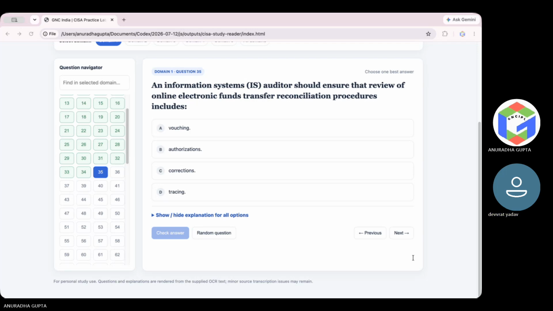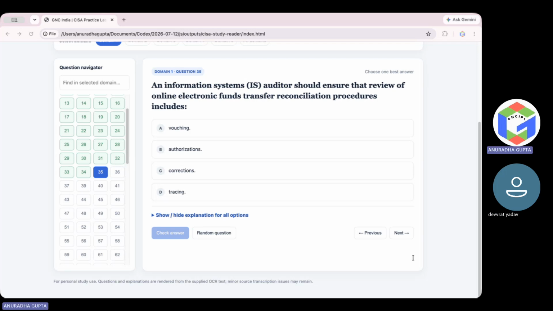This is between option B and D. We have to choose properly. But still, I think option B is the first priority.